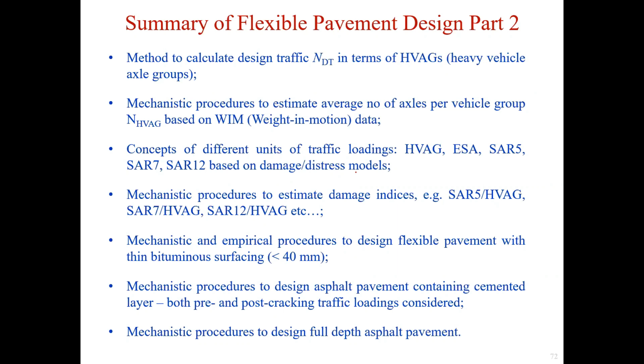We also learned the mechanistic procedure to estimate damage indices, for example, ESA over HVAG, SAR over HVAG, SAR over ESA. Finally, we go through 3 typical flexible pavement design cases. The mechanistic and empirical procedures to design a flexible pavement with thin bituminous surfacing, normally less than 40 millimeter, and mechanistic procedures to design asphalt pavement containing cemented layer.